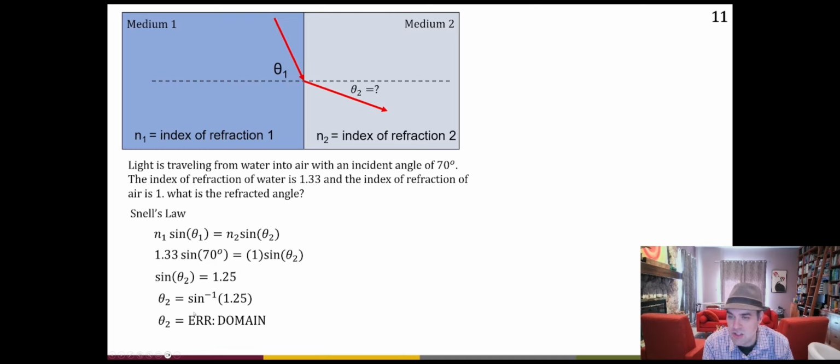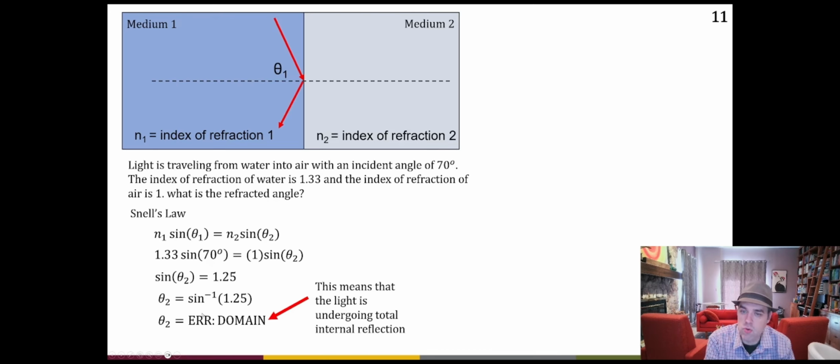And that's because there is no angle whose sine equals 1.25. This is impossible. It's not physically possible. What this means is that this is undergoing total internal reflection. So there is no refracted angle because it's all being reflected. So when you get this, don't think that you did something wrong. This just means that the light is totally reflected.